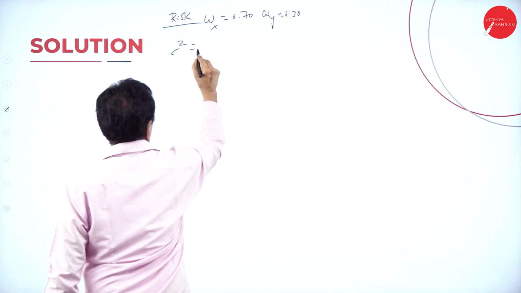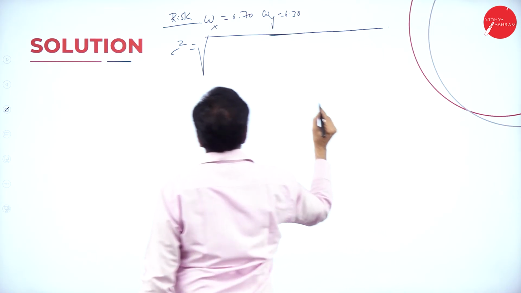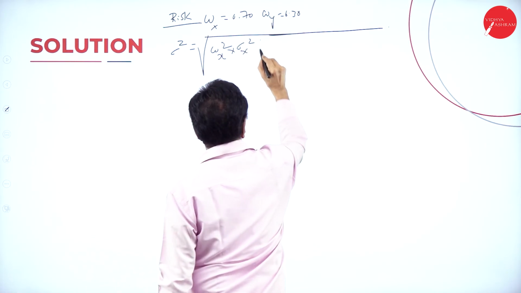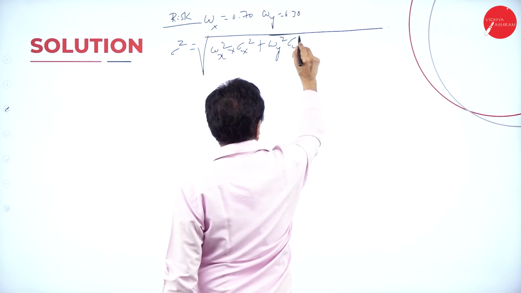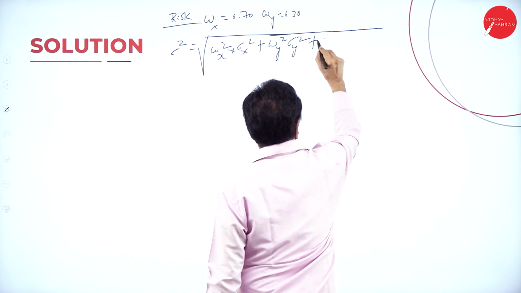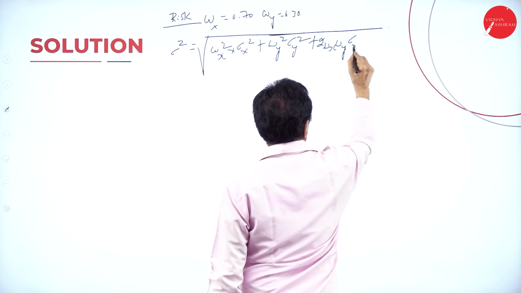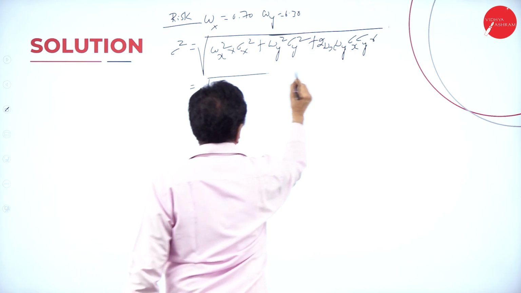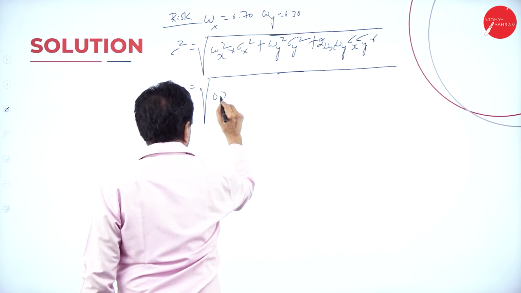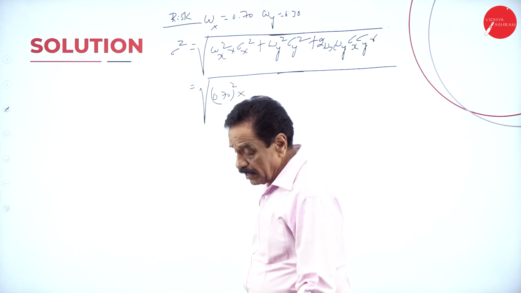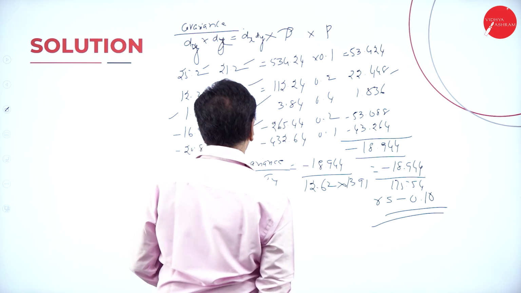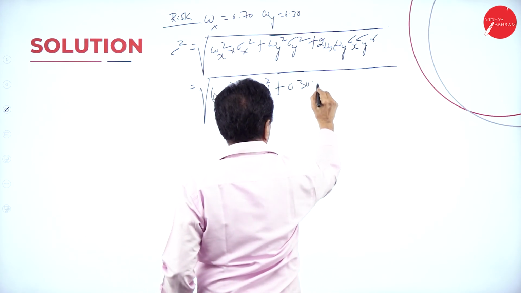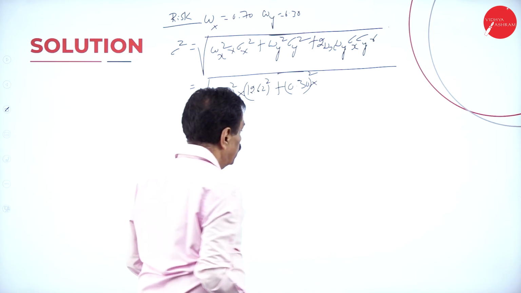Risk, standard deviation, is equal to root of Wx whole square into standard deviation x whole square plus Wy whole square into standard deviation y whole square plus 2 into Wx, Wy, standard deviation x, standard deviation y into R.